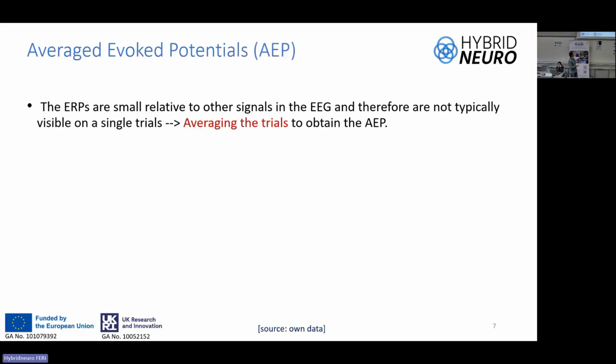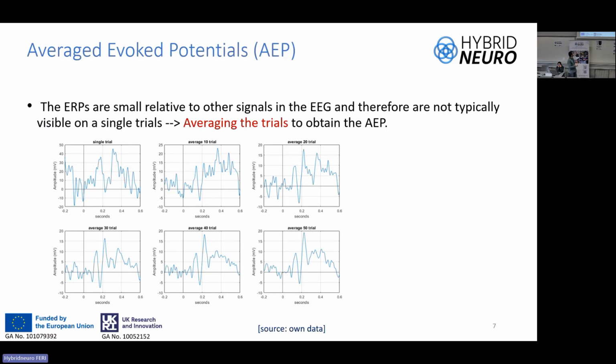The first one, as I said, has as its main point the averaging of the trials, because on a single trial it's not possible to see a clear behavior. So it's necessary to use more than one trial, of course.